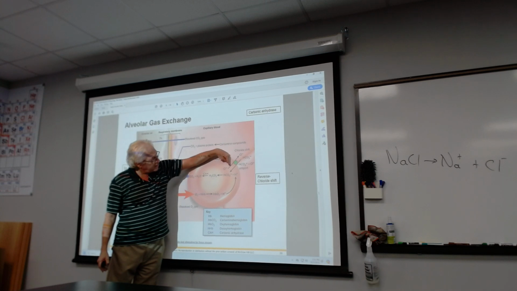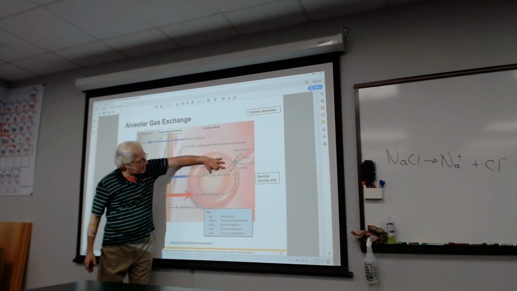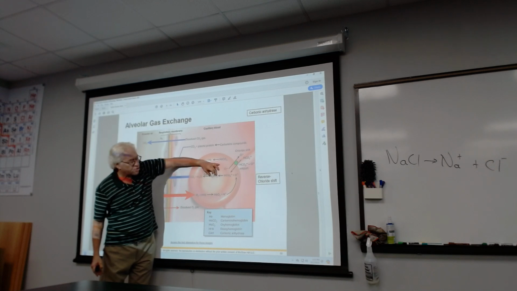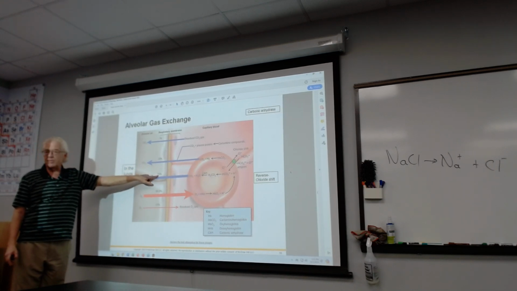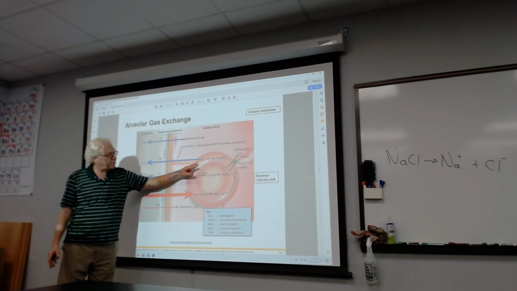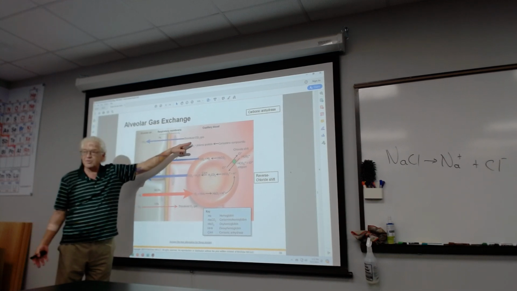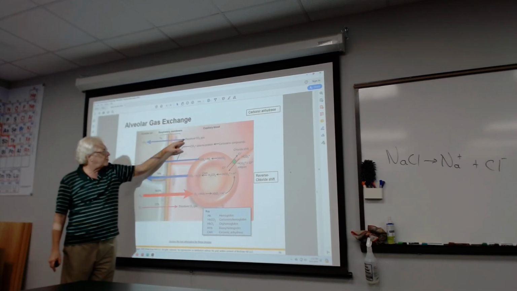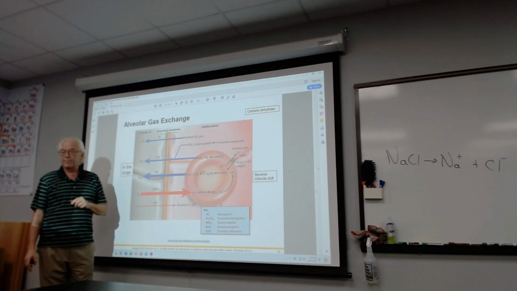We slide the chloride out, the bicarbonate back in, put it together with the H, and out comes the 70% of CO2. The other 20 or 23% that was held by the hemoglobin jumps off, and the 7% or 10%, depending on what I have on my test, is what comes out of the blood itself. Got it?